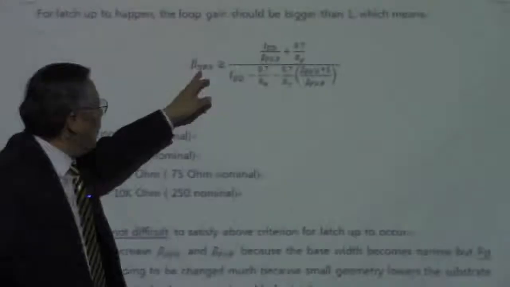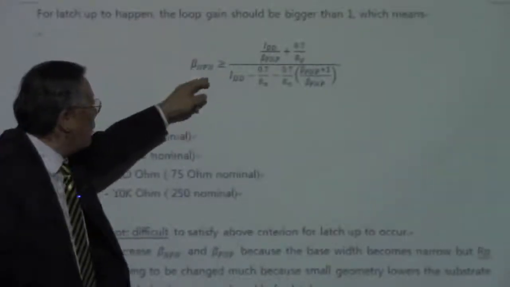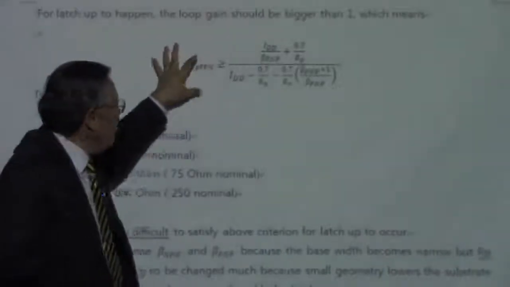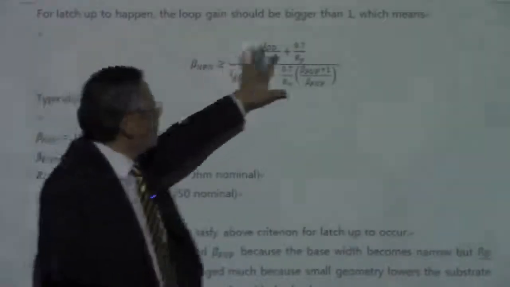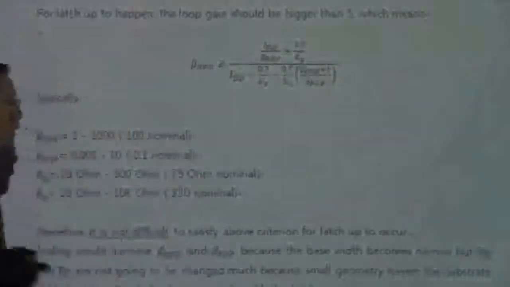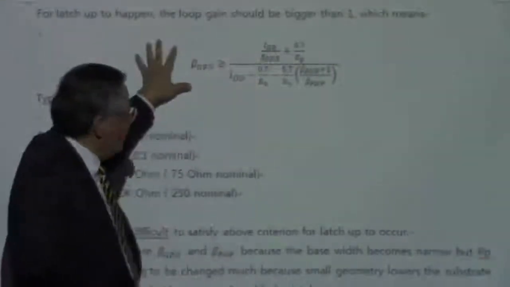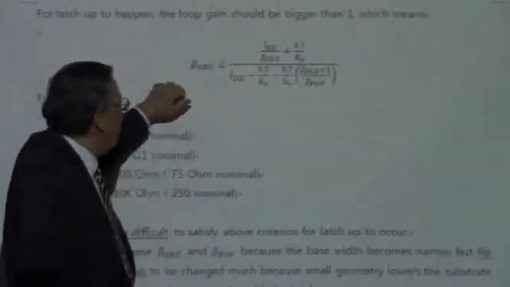The beta NPN, which is the vertical bipolar, should be larger than these values. This criterion was developed by a PhD student at Stanford University in the United States, who derived it.